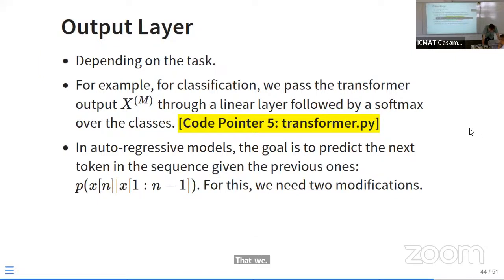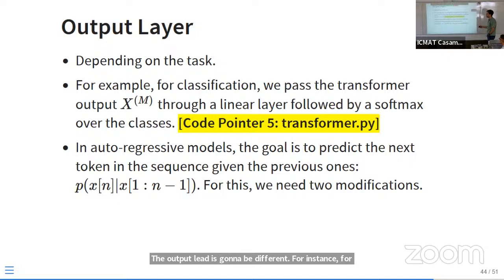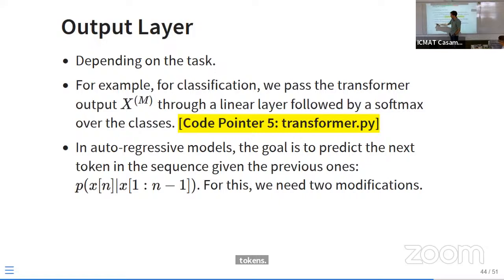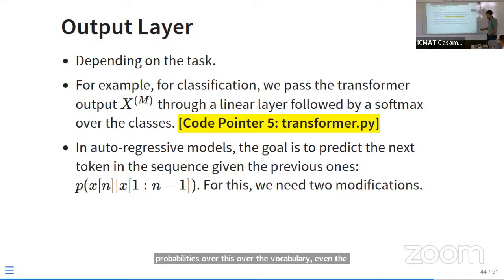For other tasks, the output layer is going to be different. For instance, for autoregressive models, the goal is to predict the next token in the sequence, given the previous tokens. So our goal is for the output to be a set of probabilities over the vocabulary, given this input. And for this, we need a couple of modifications.